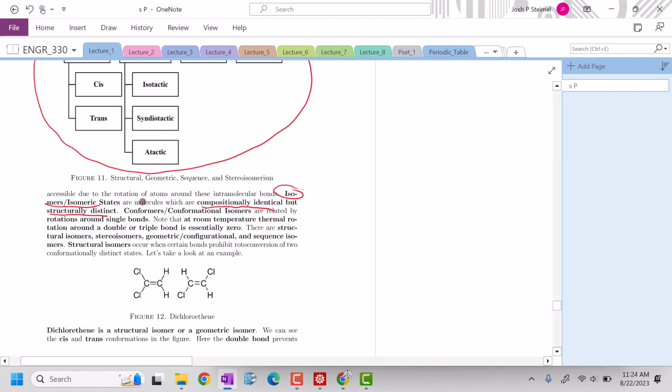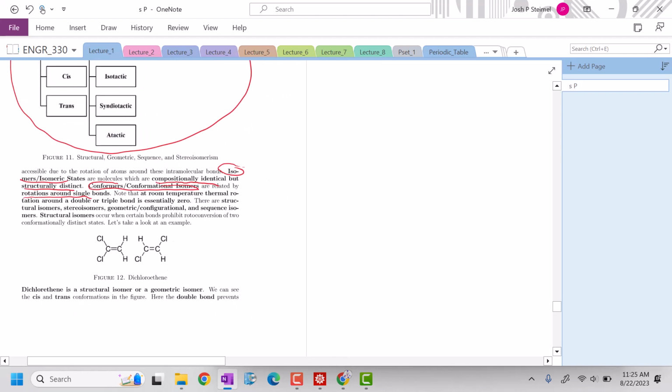Now, conformers, on the other hand, are also compositionally identical, but they can be related by rotations around a single bond. So what does that mean, actually? Let's say I have a molecule that looks like this.